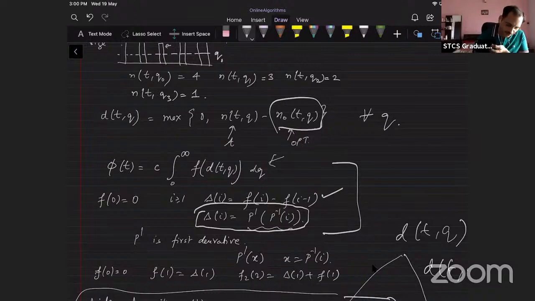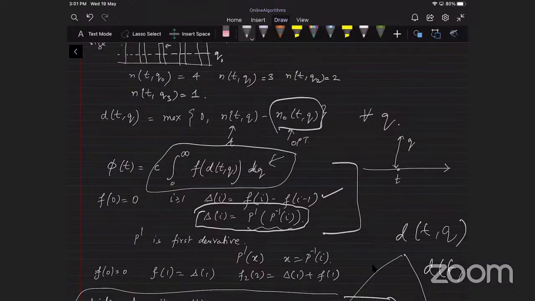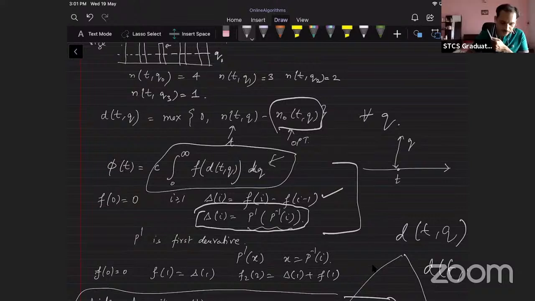So I don't think you have understood what this function d of tq looks like. This is the time axis. At each time t, I'm taking the integral with respect to all q. Different jobs have different sizes. So this function gets evaluated as an integral with respect to q. For all q, d of tq is well defined. Maximum value is n of t, minimum value is 0.